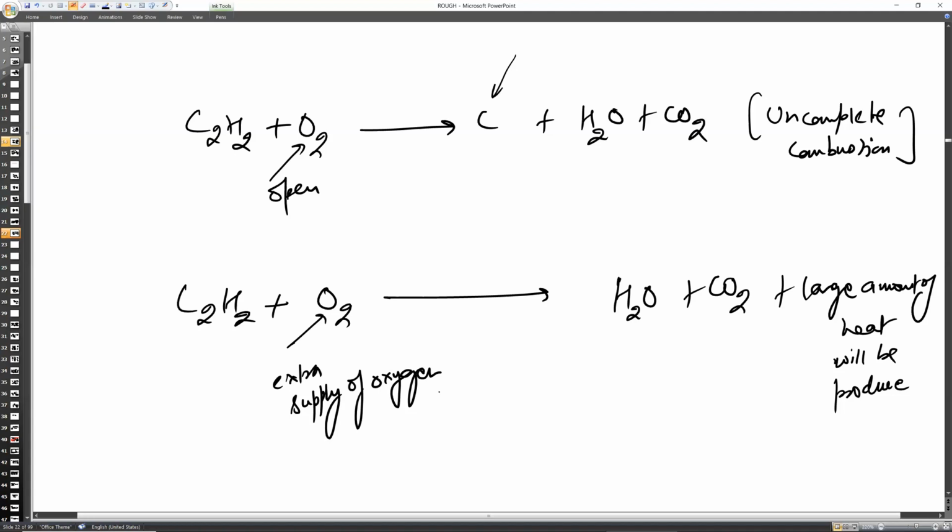If you think that open air oxygen can fulfill the requirement, no, we have to provide an extra supply of oxygen. Then it will burn completely, a large amount of heat will be produced, and this will provide the sufficient temperature required to melt the metal for welding purpose.